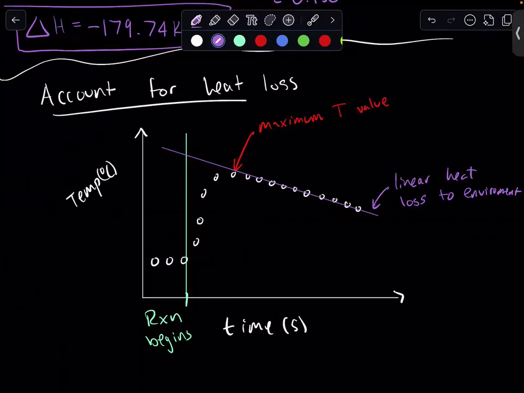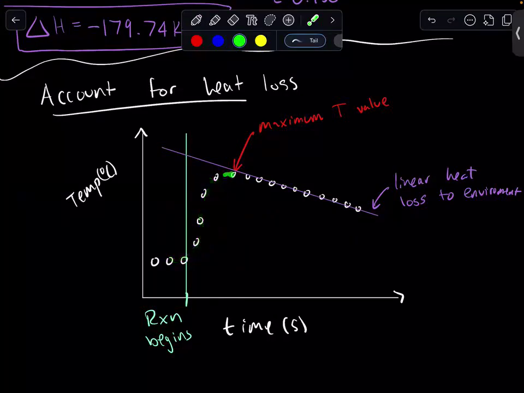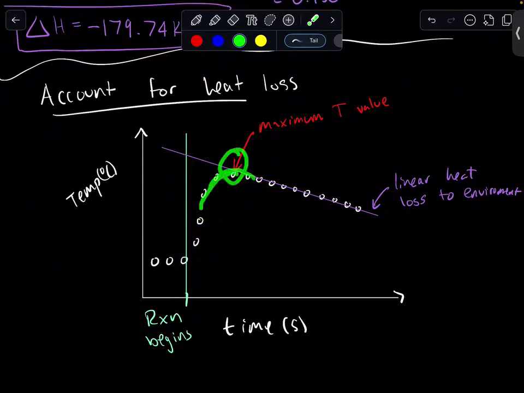Now, that heat loss is happening constantly. Even when the reaction is increasing in heat, we're still losing some to the environment, especially because we might have a glass cylinder or a beaker or a coffee cup that maybe isn't that great. And this turning point is just where the heat added to the surroundings starts becoming less than the heat lost to the environment. And so that's why we get this nice gentle curve at the top.